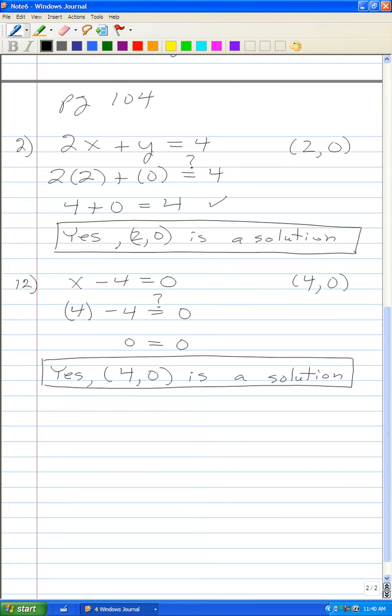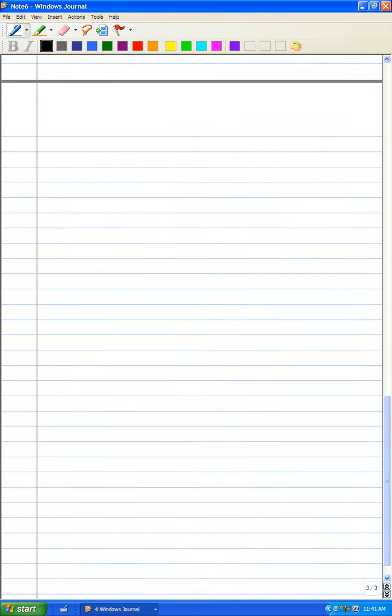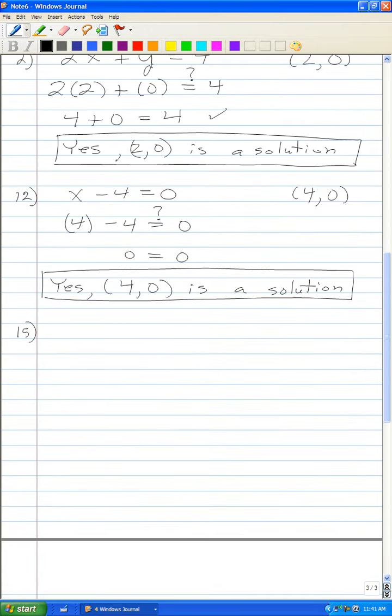Let me do, let's see, is there another one, let's do problem number 8. Oh no, is there one that doesn't have an x? How about problem number 15? y equals 1.